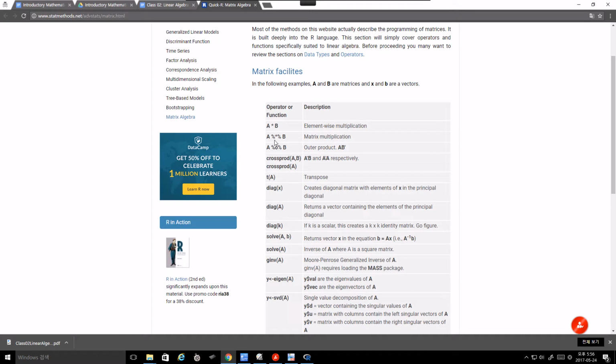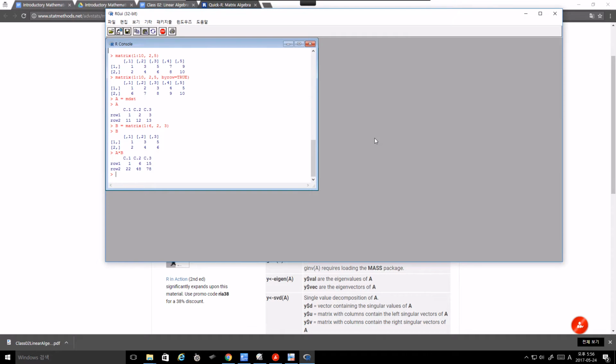Now, A %*% B is matrix multiplication. So, clearly, if I do A times B, it shouldn't work because in matrix multiplication, the number of columns of the first matrix and the number of rows of the second should be the same. So instead, this one is the transpose of B. So if I multiply A by the transpose of B, now it should work.